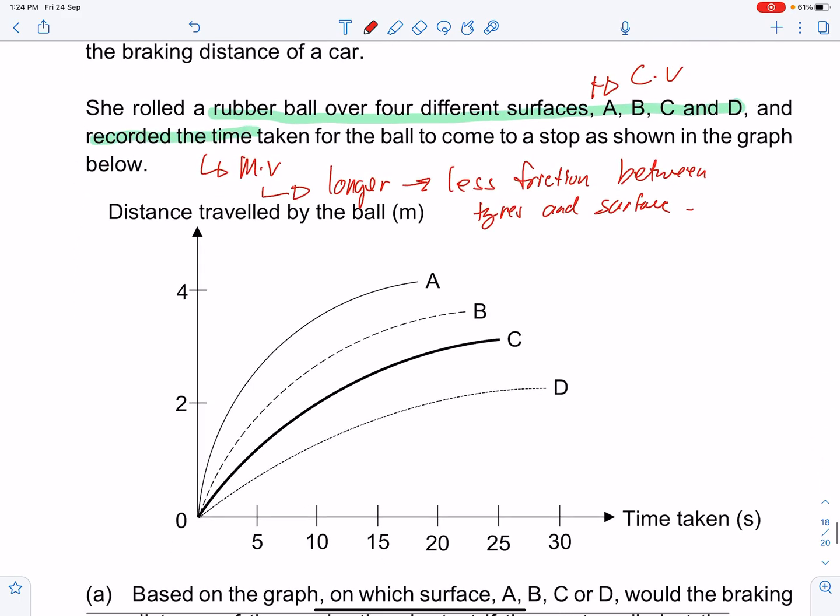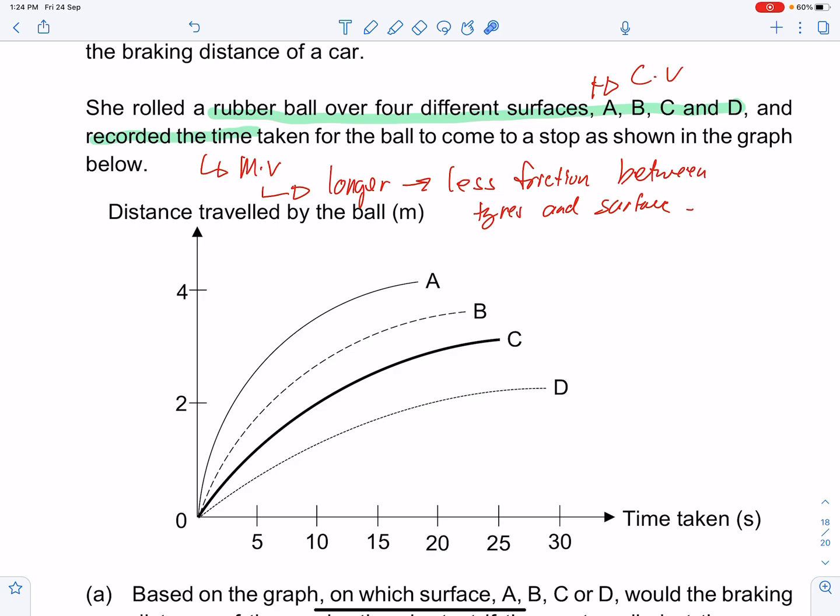So when I look at the graph, I can make sense of it. Okay? So for example, if I look at A, wow, A is actually the one that has the most friction. Because, oh wait, is it? Wait, let me think. Traveled by the ball. May not be, because it took the shortest time, but it also traveled the longest distance. Right?